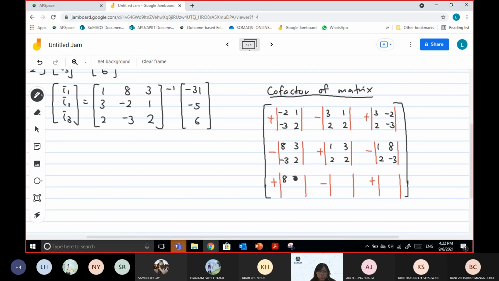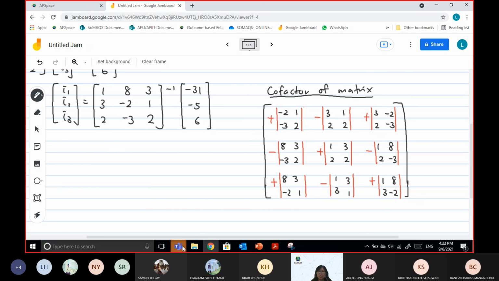Okay, last one: 8, 3, negative 2, 1. Then 1, 3, 3, 1. Then the last one, 1, 8, 3, negative 2.